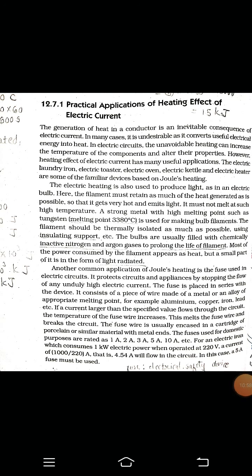We already saw that the fuse wire is kept in a cartridge of porcelain or similar material with metal ends. The fuses used for domestic purposes are rated as 1 ampere, 2 ampere, 3 ampere, 5 ampere, 10 ampere, etc. For an electric iron which consumes 1 kilowatt of electric power when operated at 220 volts, a current of 1000/220, that is 4.54 ampere, will flow in the circuit.